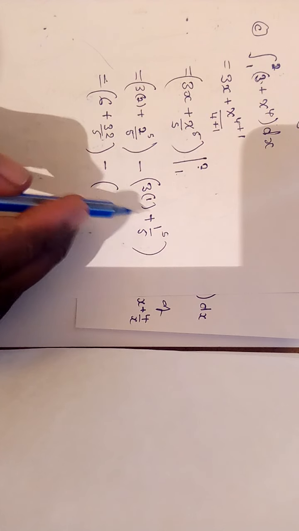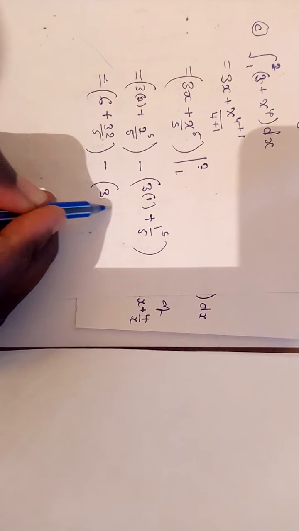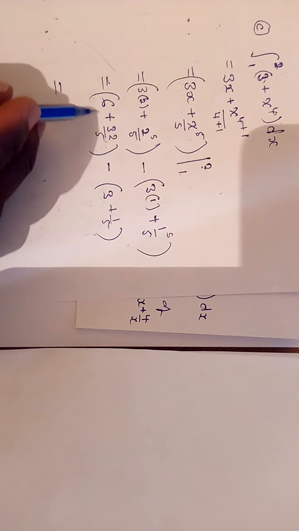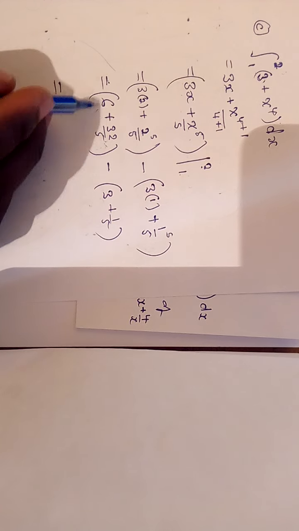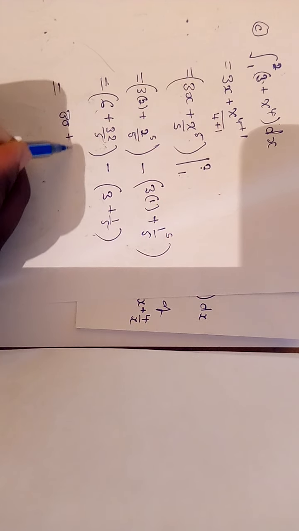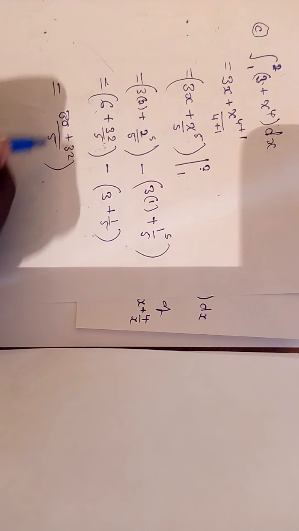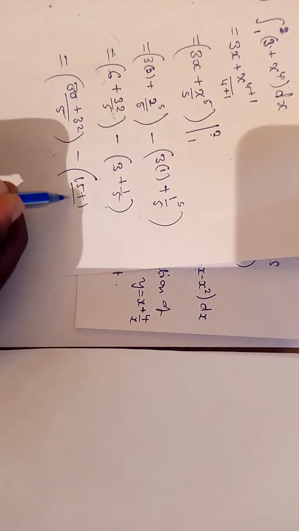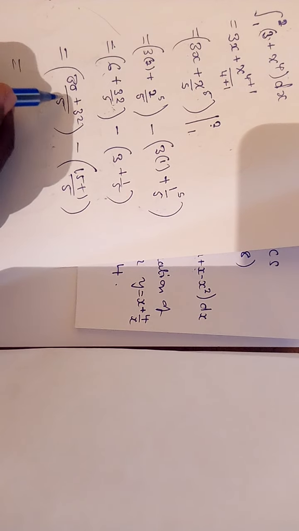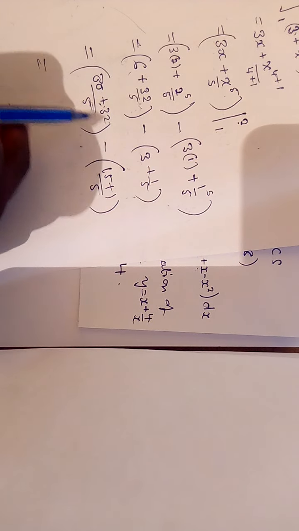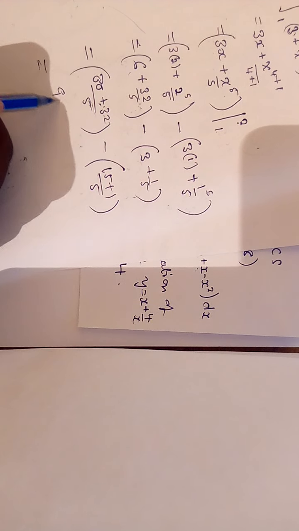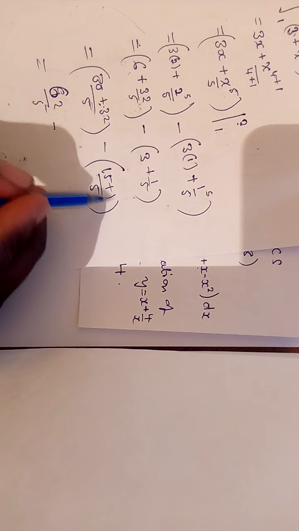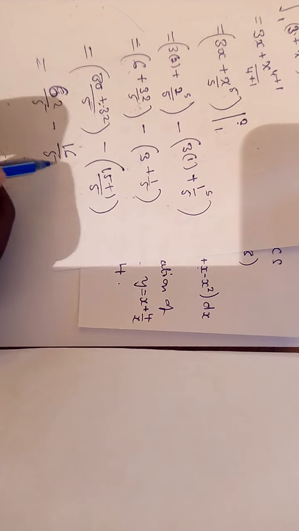Alright, so thereafter, you come to this other one, you solve. After that, inside the bracket, when you solve, it's 30 plus 32 over 5. There, it's 15 plus 1 over 5. Then, it will be 62 over 5 minus 16 over 5.